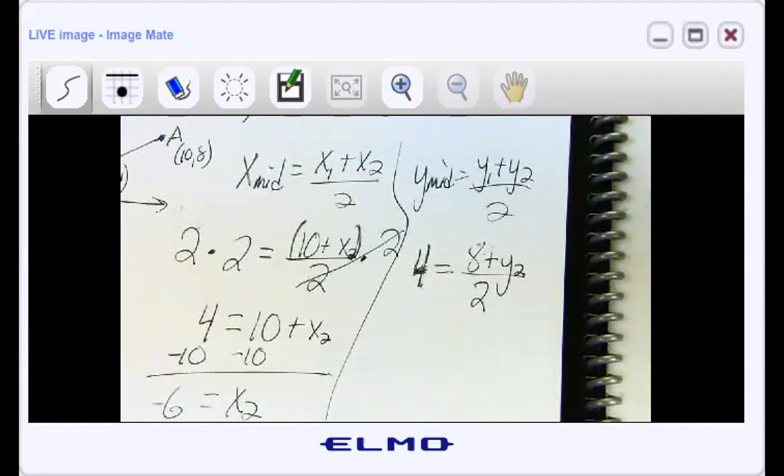Oh, Tom's got it. I need some more answers, people. I need to know you know how to do this. Give it a shot, even if you're wrong. If you're wrong, that gives me more information too. Oh, Michael's got it.